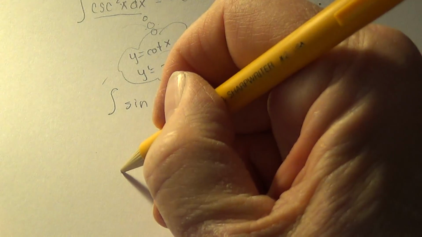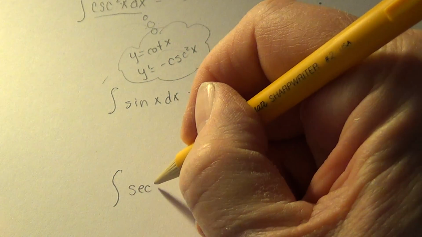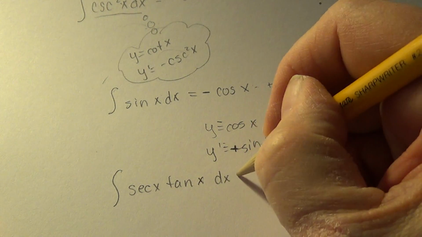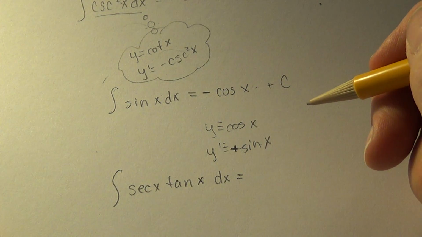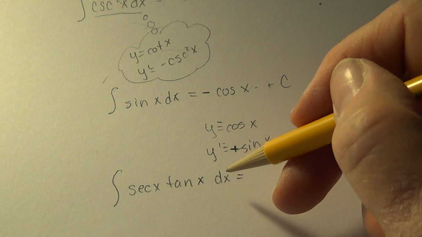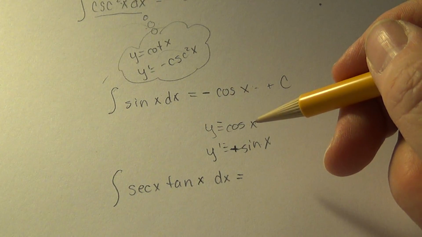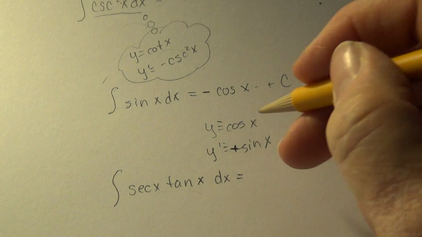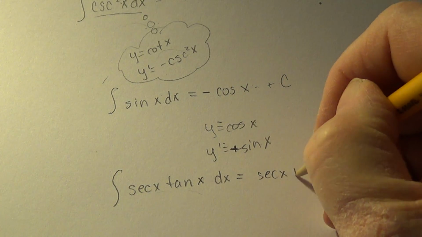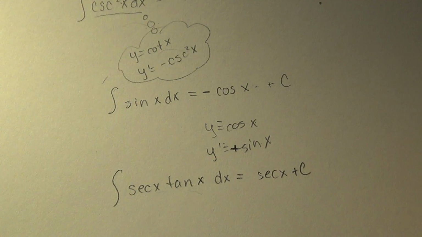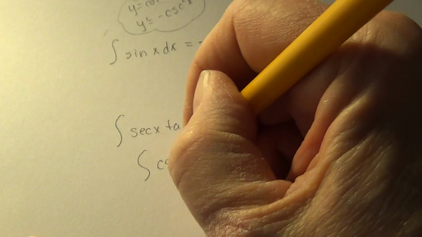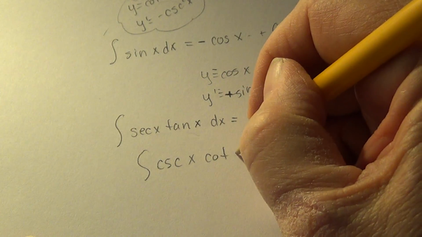And so what would be the integral of, I don't know, secant tan? That should just be by recognition. Secant tan is the derivative of what expression, and that will be the integral of this. Secant tan must be secant x. Let's see. What about integral of cosecant x cotangent x?